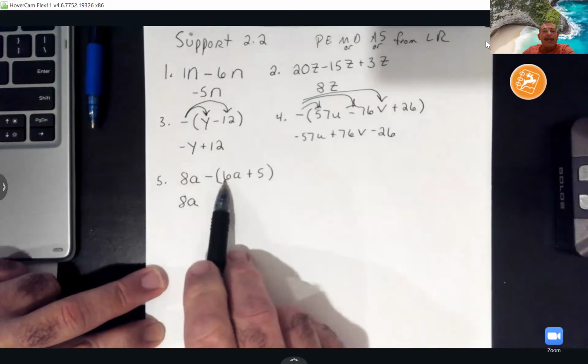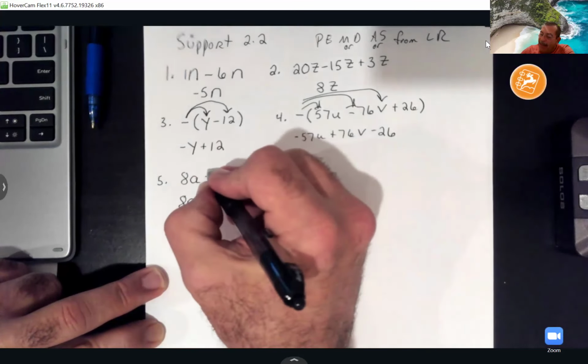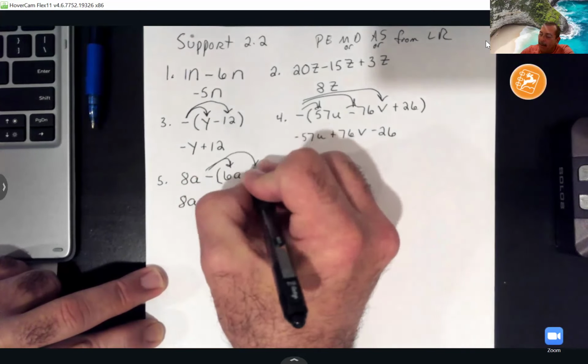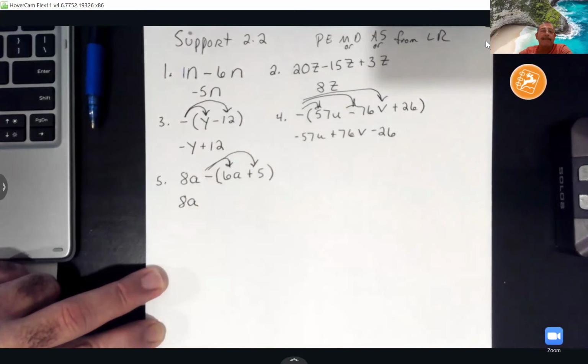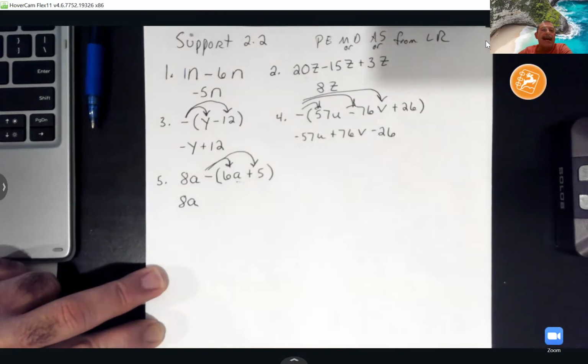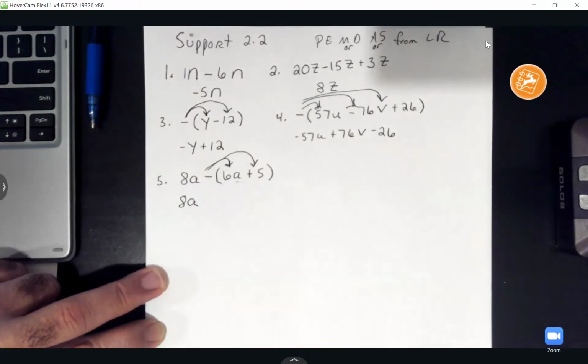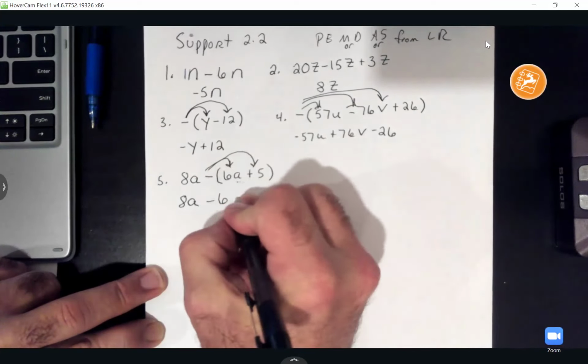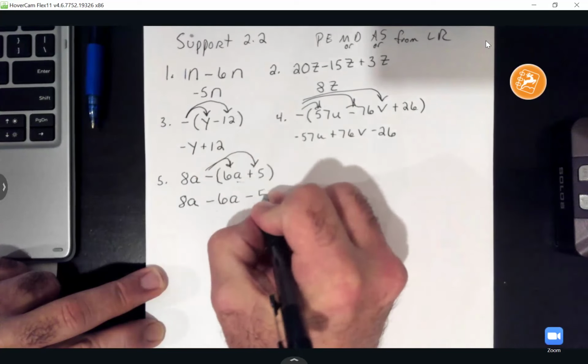But now we need to get rid of these parentheses by distributing our negative. So y'all, what's coming out of these parentheses in my next line? Negative 6a minus 5, correct. So negative 6a minus 5.